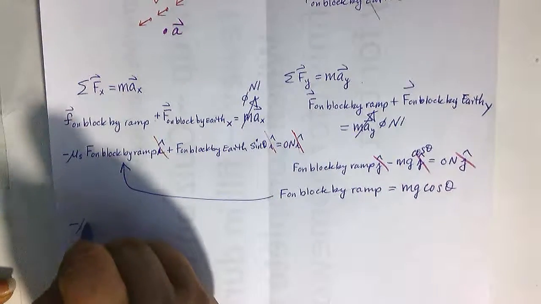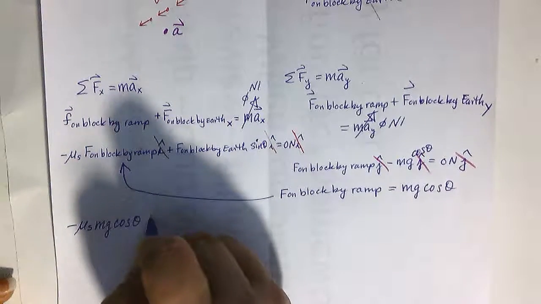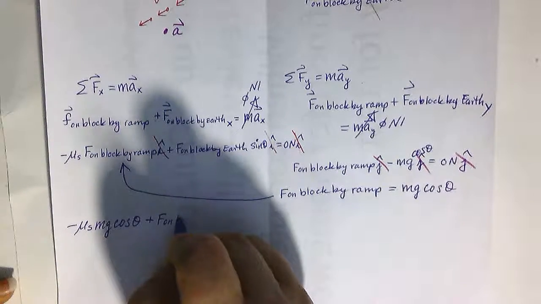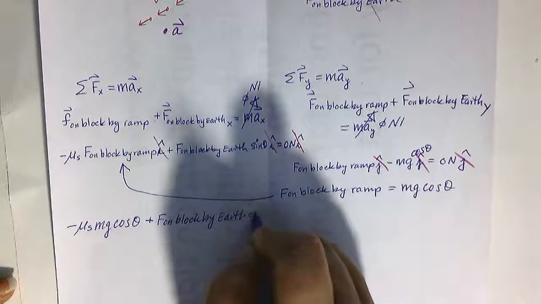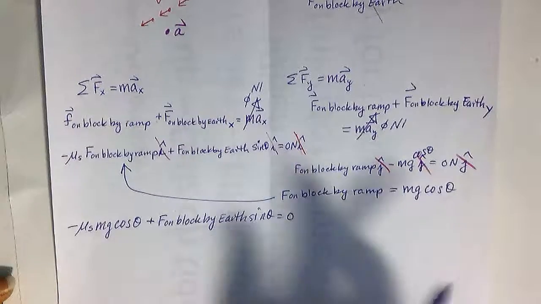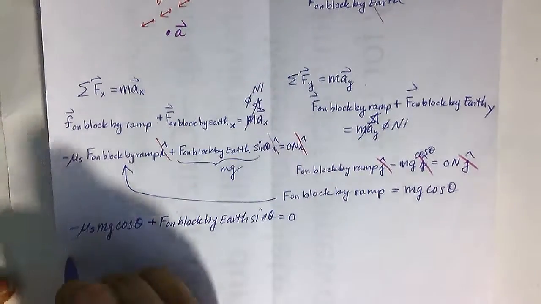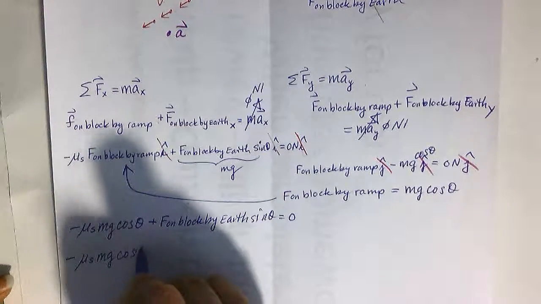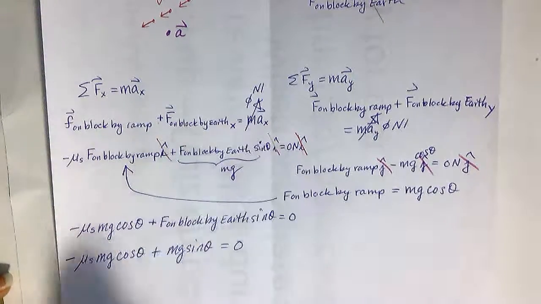So now I have minus mu sub s mg cosine theta plus force on block by earth sine theta is equal to 0. Now this can be replaced with mg, and I probably should have done that up here. So let me rewrite this. Mu sub s mg cosine theta plus mg sine theta is equal to 0.